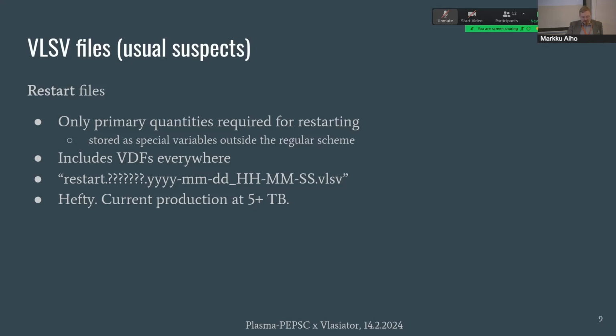So the restart files, these store only the primary quantities that are required for the restart process. And these variables are a bit different from the ones that we will be looking at. But you can still access them and plot them. It will just look a bit different.